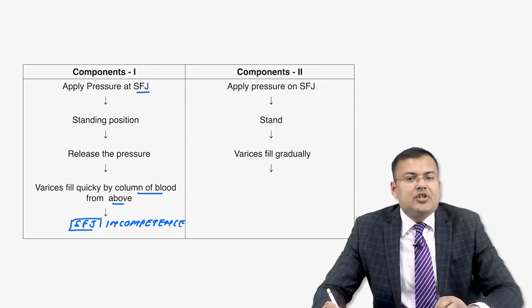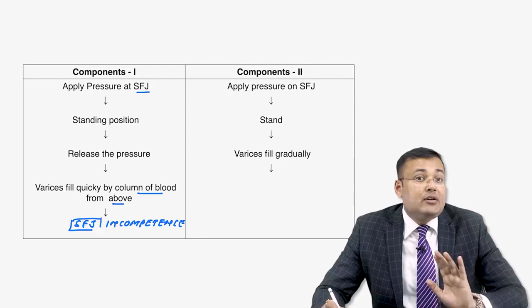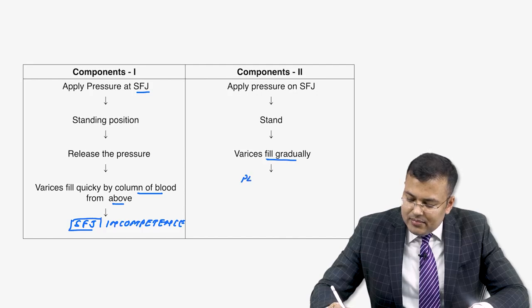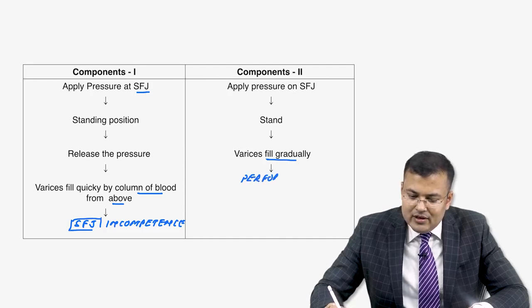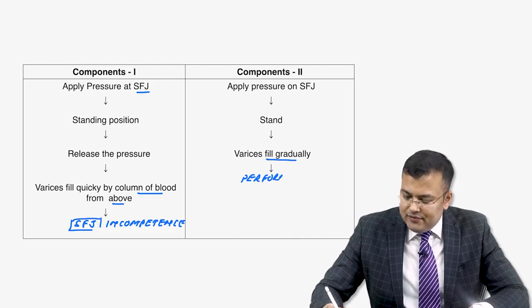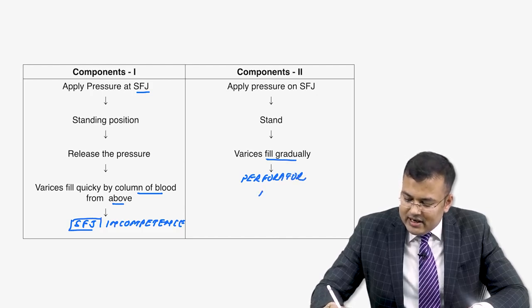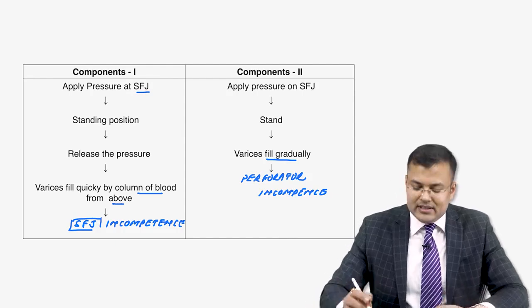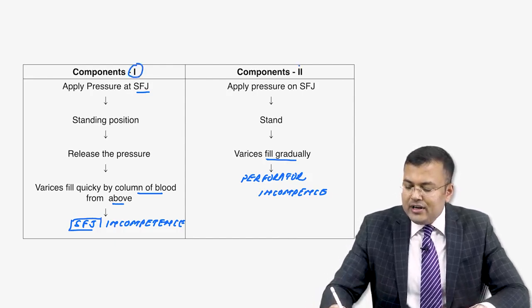And if you apply the pressure, ask the patient to stand but don't release the pressure, and the varices fill gradually, there is perforator incompetence. That is the Brodie-Trendelenburg test, component 1 and component 2.